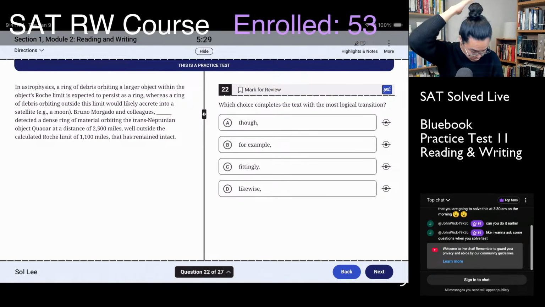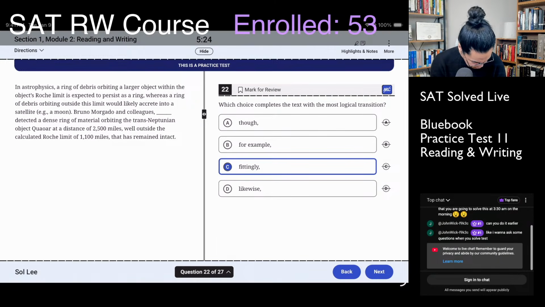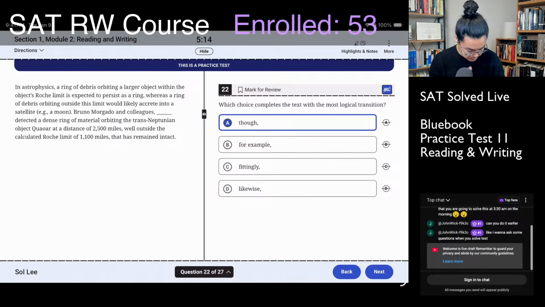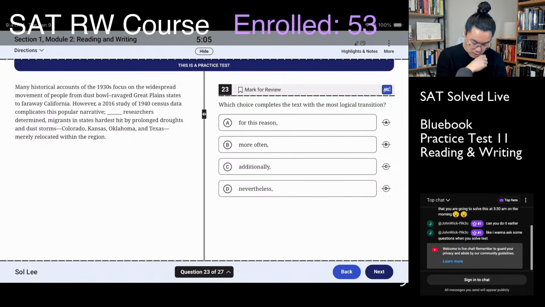And then Bruno Margato and colleagues, fittingly maybe, this dense ring of material orbiting the transmit. Wait, a dense ring. So it's opposite. A ring that has remained intact. Okay, yes, that is the opposite. Okay.